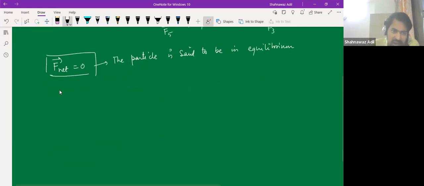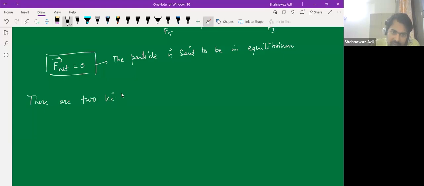So there are two kinds of equilibrium in case of electrostatics, right? So what are those?